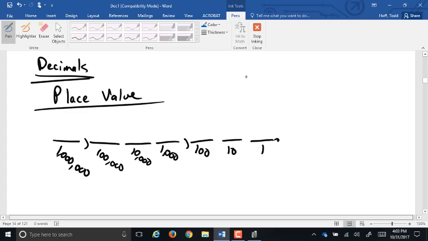As we move one spot from left to right, the place value is divided by 10. 1 million divided by 10 is 100,000. If I do the same thing from 100,000 to 10,000, that's divided by 10. If I keep going, same pattern continues. 10,000 divided by 10 is 1,000. Every time I move a spot to the right, the place value is divided by 10.